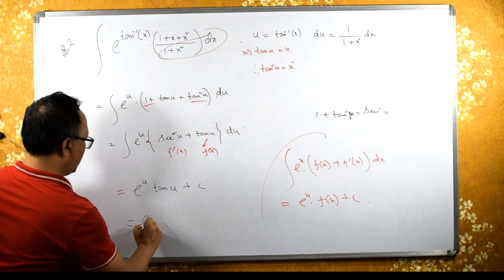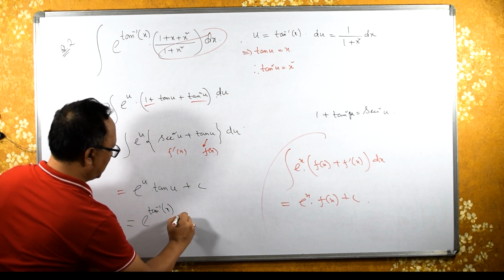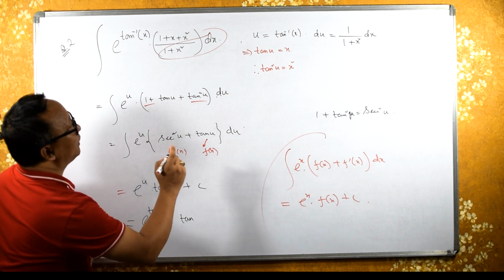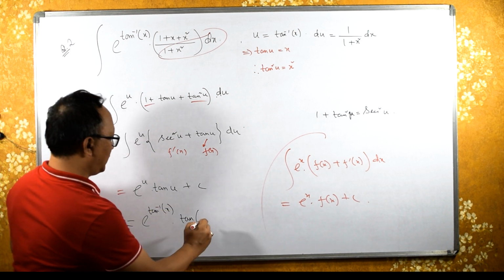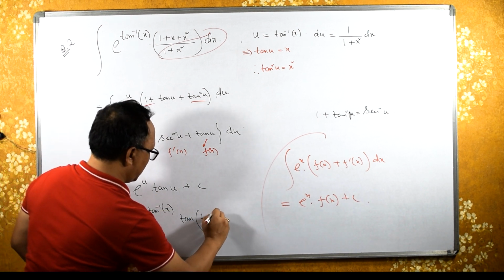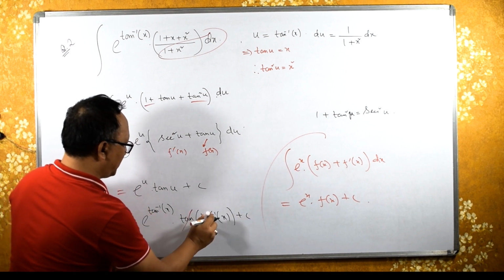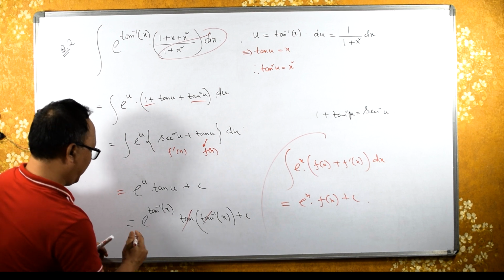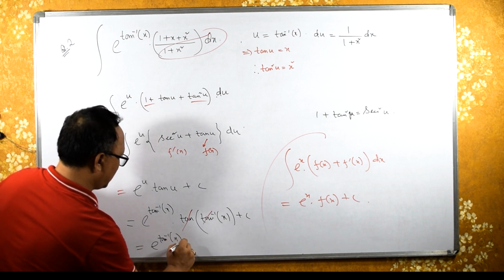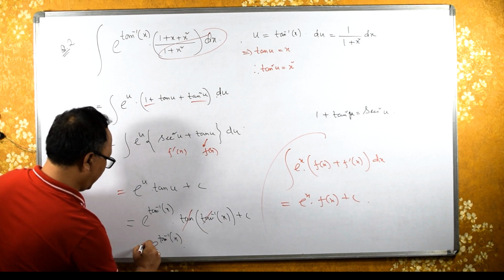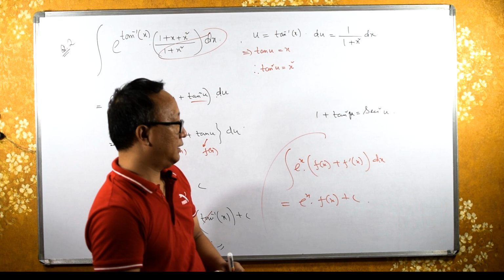Here e raised to tan inverse x into tan of tan inverse x plus c. Tan and tan inverse get cancelled. Here what we have is e raised to tan inverse x into x plus c. Okay, this is the required answer.